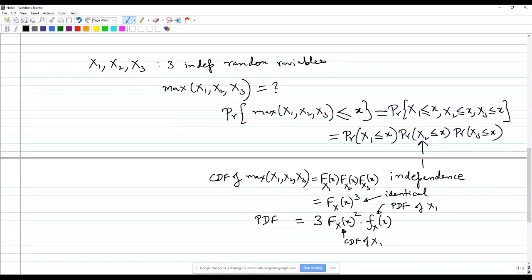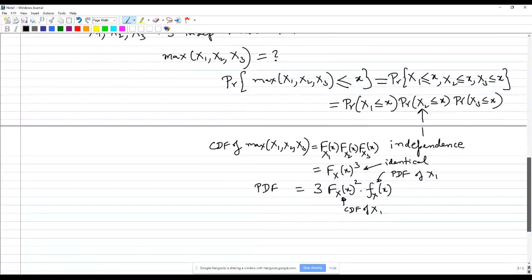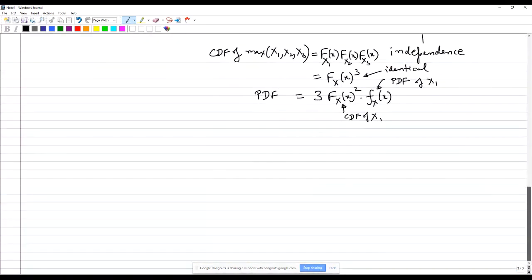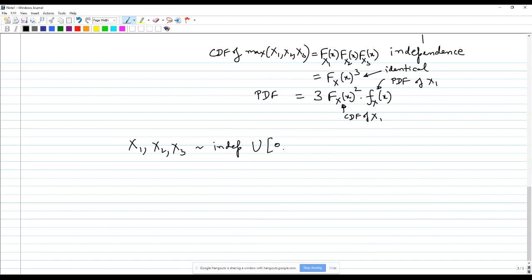Okay, so maybe this is not the exact same problem that he has asked. I think his question is a little bit different. So let's look at this question. So he's got x1, x2, x3. All 3 are independent, and he says uniform in the same interval. So let's take uniform between 0 and 1.